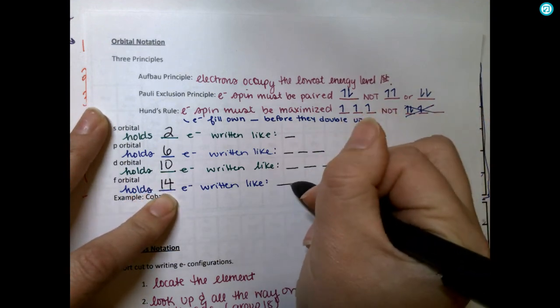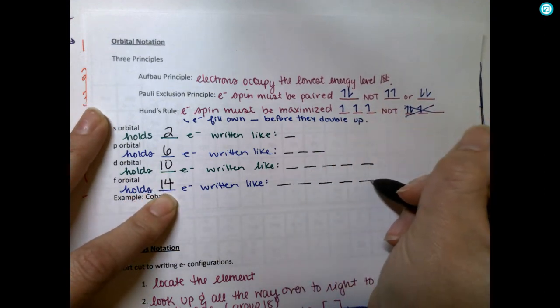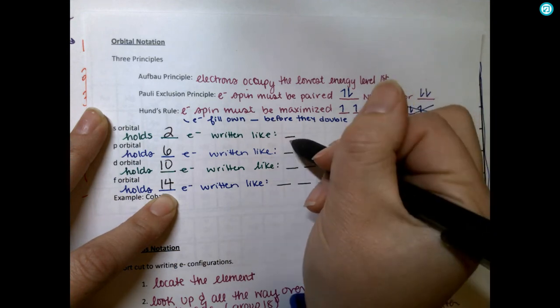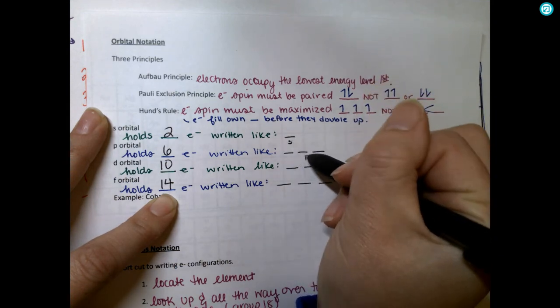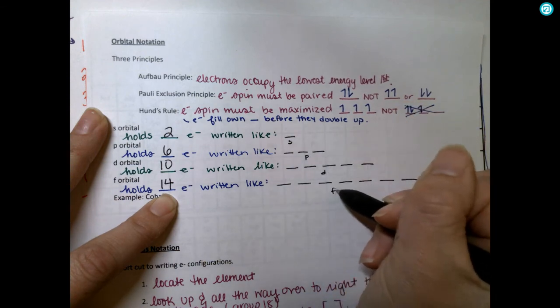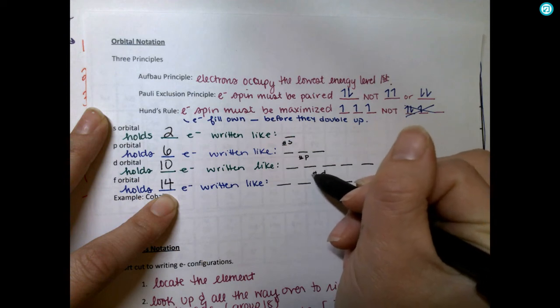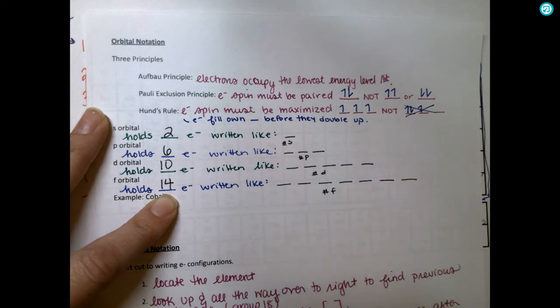And 14 means I have 7. We would label underneath these S, P, D, and F, and then the number in front to show what energy level that orbital was in.